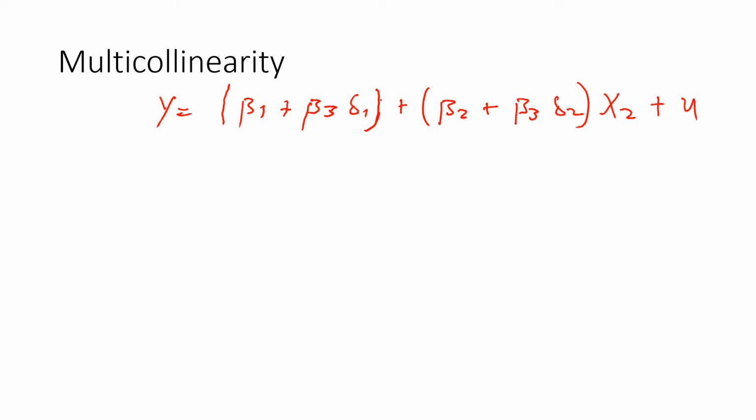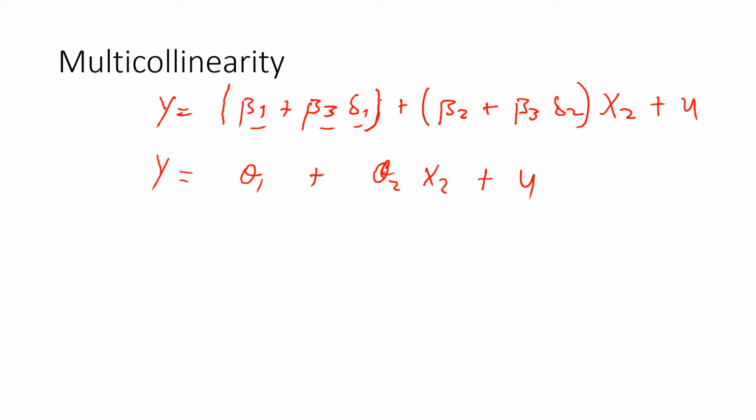And we can also redefine these coefficients, because beta 1 plus beta 3 sigma 1, all of these are constants. So we give it another name. We call this theta 1, and again beta 2 plus beta 3 into sigma 2, we give this another name, theta 2, times x2 plus u.